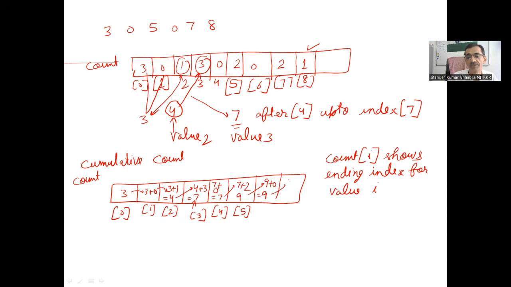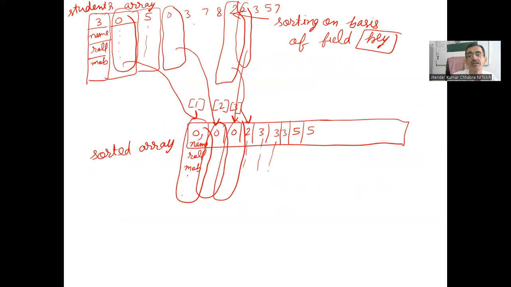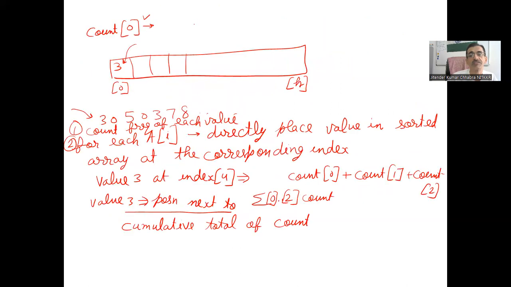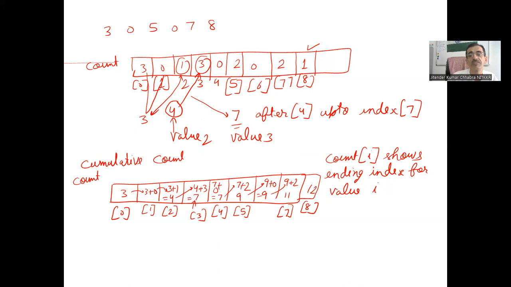Then 9 plus 2 equals 11 for value 7. And value 8, obviously index 12. So I had 3, 0, 5, 0, 7, 8. Let me just write the values: 3, 0, 5, 0, 3, 7, 8, 2, 0, 3, 5, 7. So all 12 values are here.